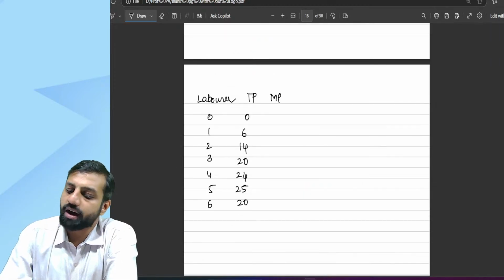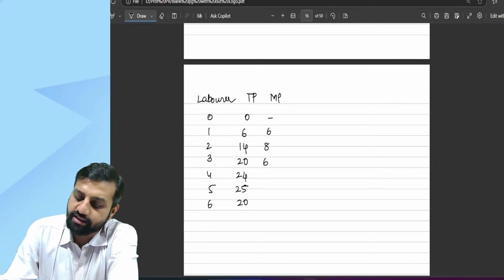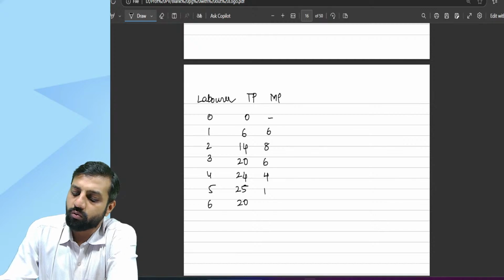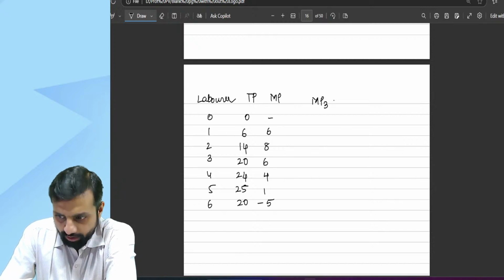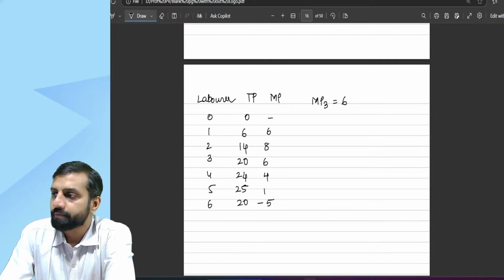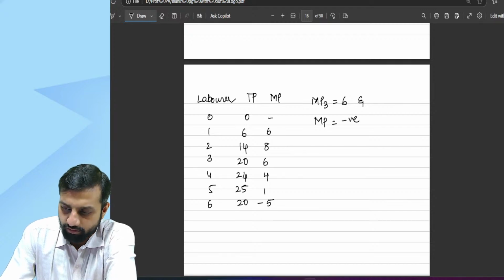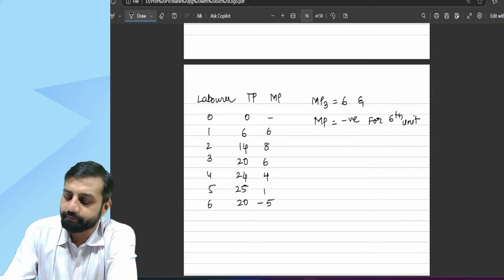Now they have asked you marginal product. So over here it will be 6, 8, 6, 4, 1, minus 5. So MP of 3 is equal to 6. And Surya, MP is negative for the 6th unit.